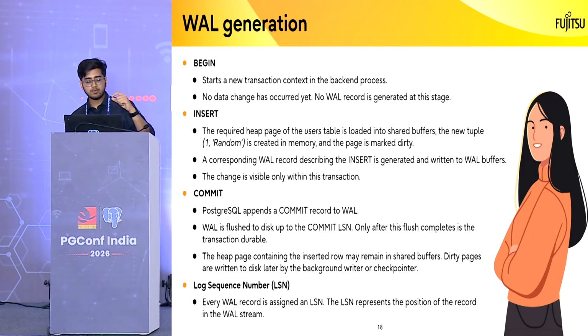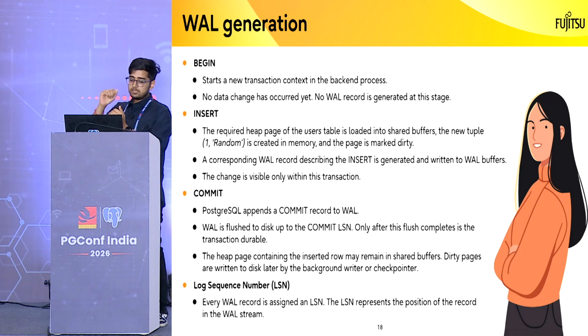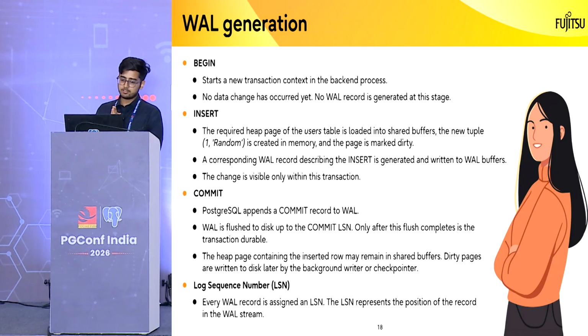Now, when the commit command is executed, Postgres will append this commit record into the WAL buffers, and the WAL present in the WAL buffer is flushed up to this commit LSN. After the WAL is flushed to the disks, we can say that the transaction is durable and committed.